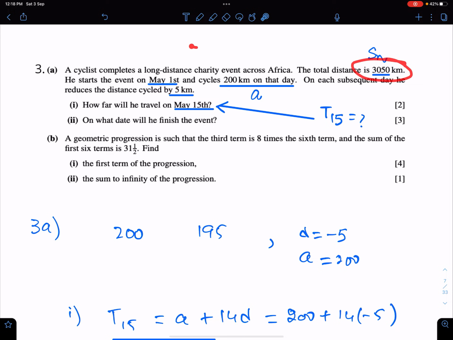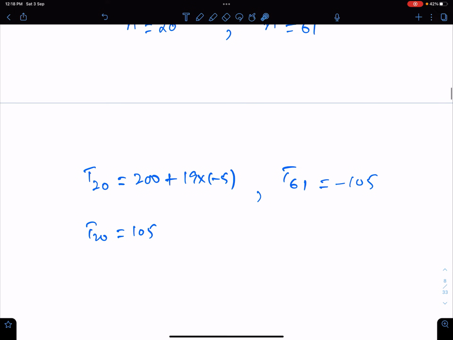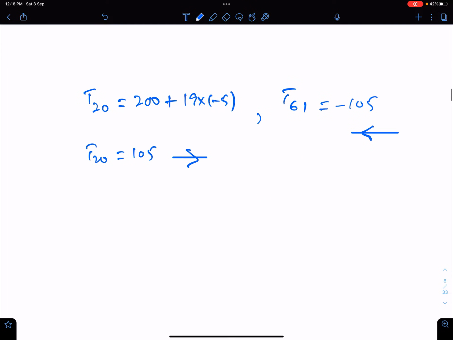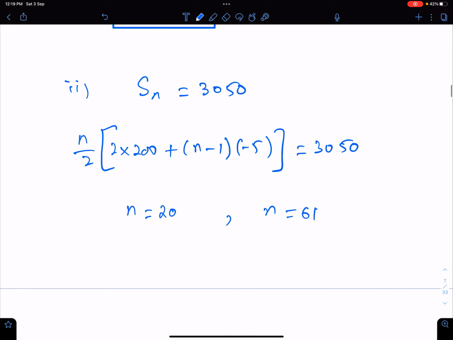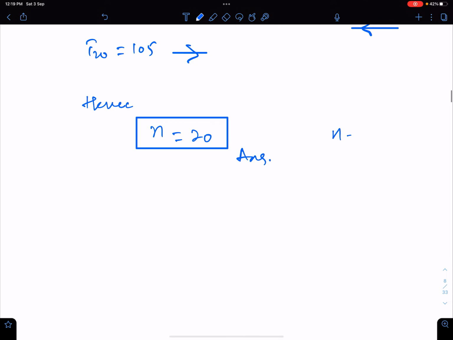So if he is going in this direction, you must go in this direction. So this answer means he is going in this direction, and this answer means he is going in the opposite direction, which is not possible. Hence, n is equal to 20 is the right answer, and this is the rejected answer.